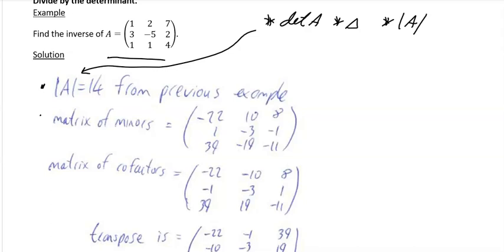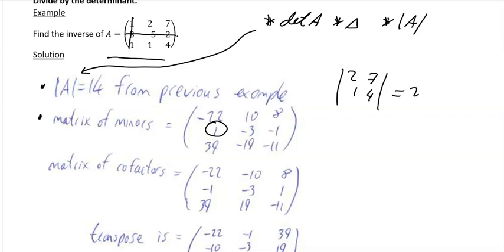Our second step then is our matrix of minors. How we did this, remember, and I'm just going to pick out one of these to show you how we do it. To arrive at this one, you take the element in the second row, first column. You cross out the second row and the first column, and you do the determinant of what is left. What is left is 2, 7, 1, and 4.